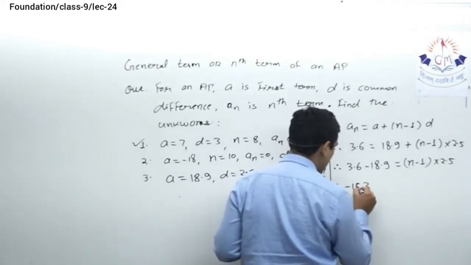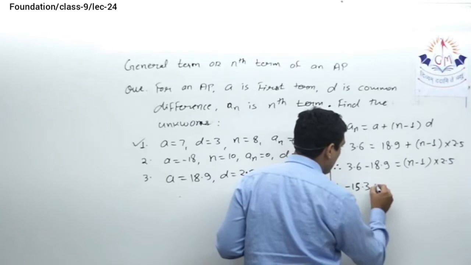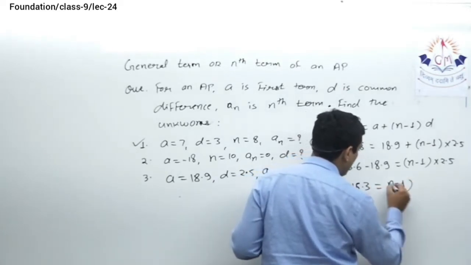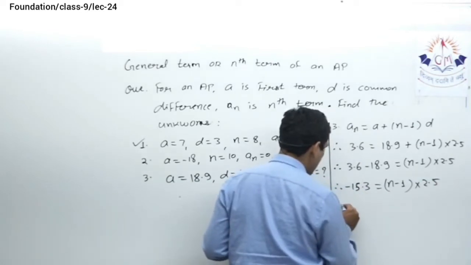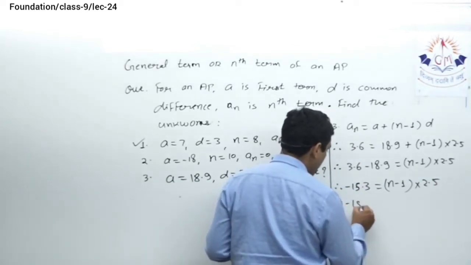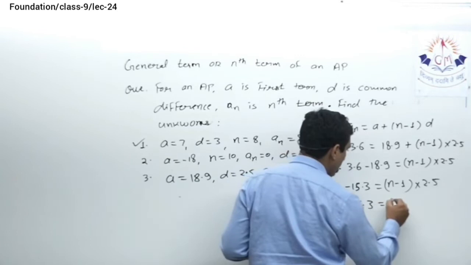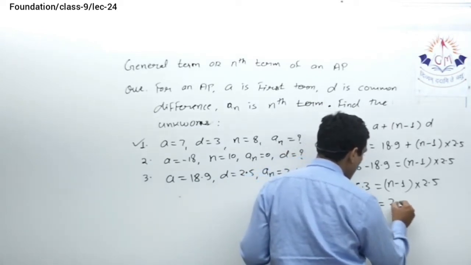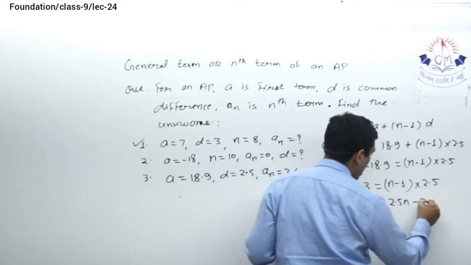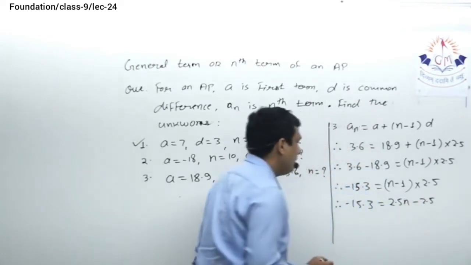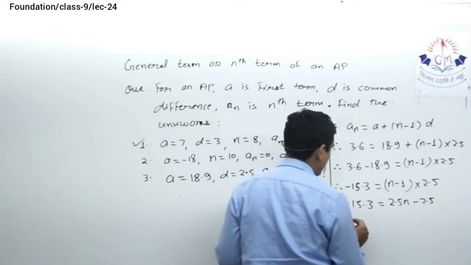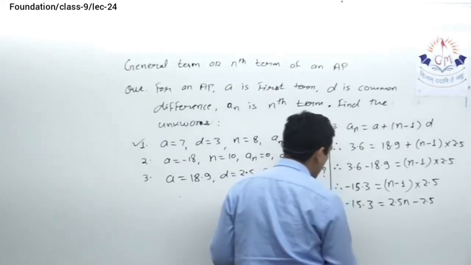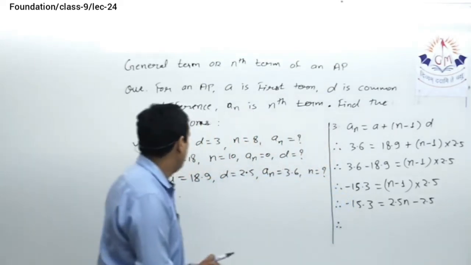Minus 15.3, because it is negative, is equal to n minus 1 multiplied by 2.5. So here now minus 15.3 is equal to 2.5 and minus 2.5.